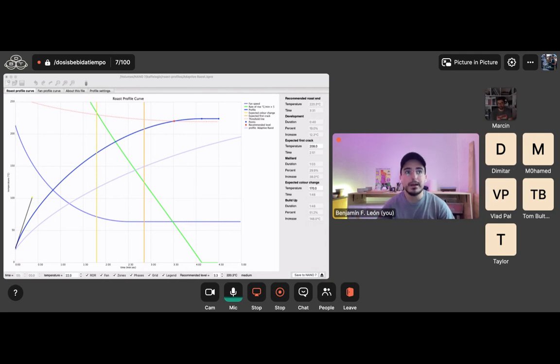But the amount of input you have for the PID changes for the actual probe, if you have more agitation, less agitation, more contact with the coffee or less contact with the coffee.